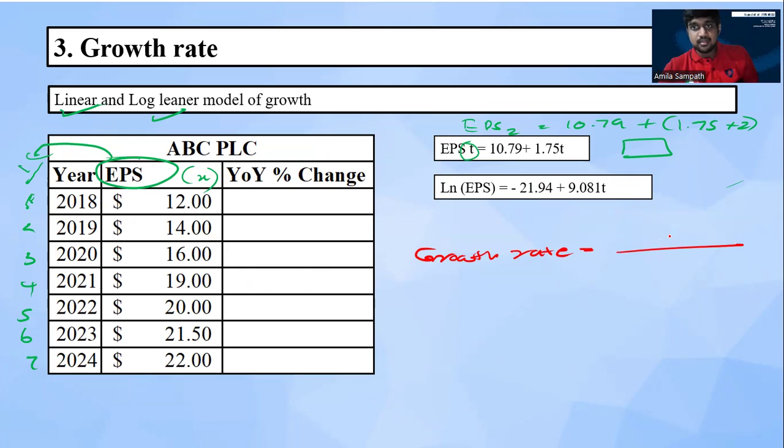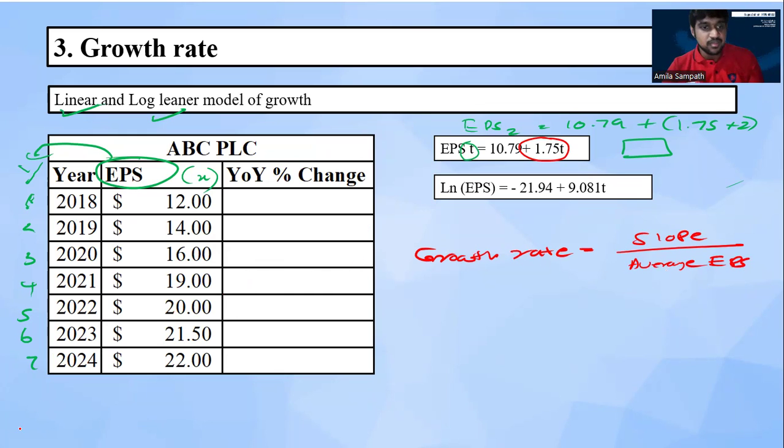Here, this 1.75 is our slope, no? Slope divided by the average earnings per share for the historical period. Then simply we can calculate our growth rate.